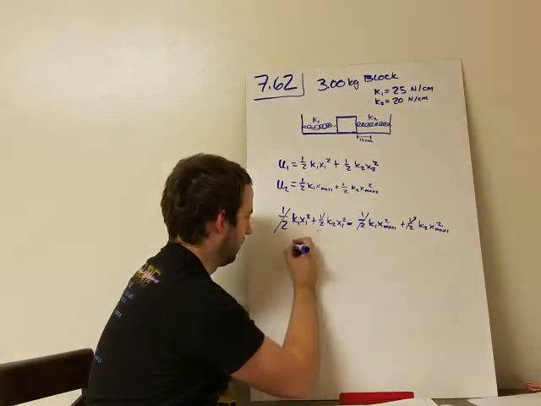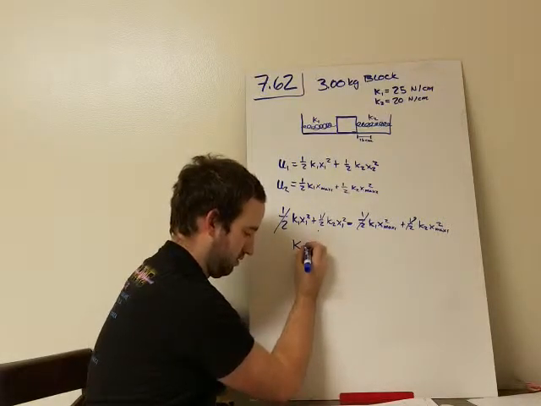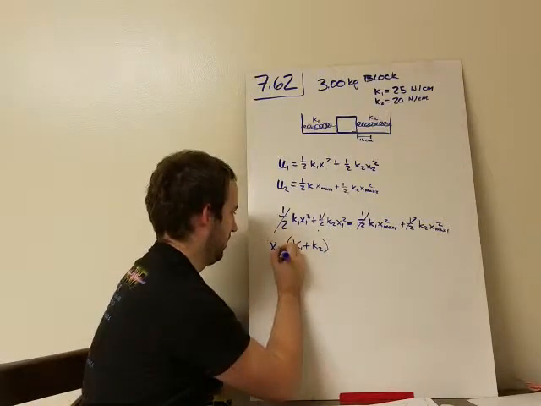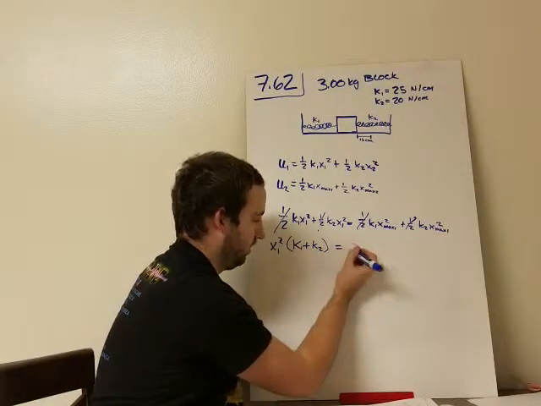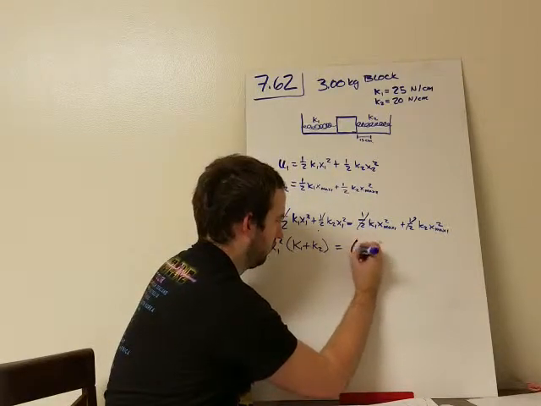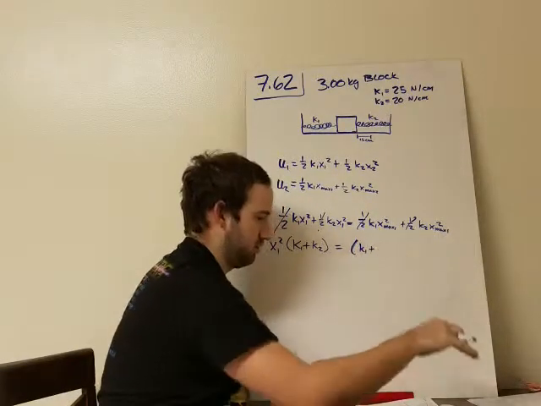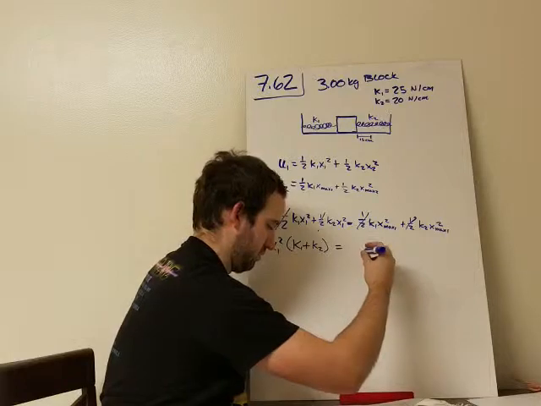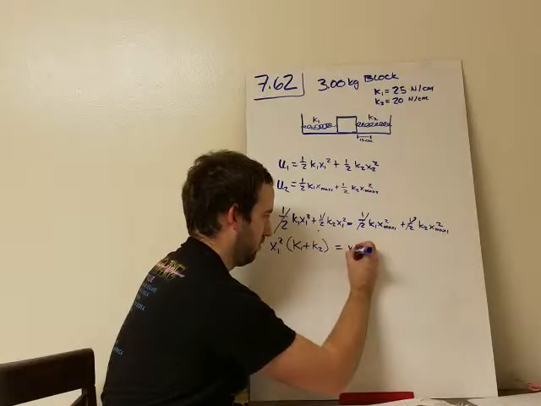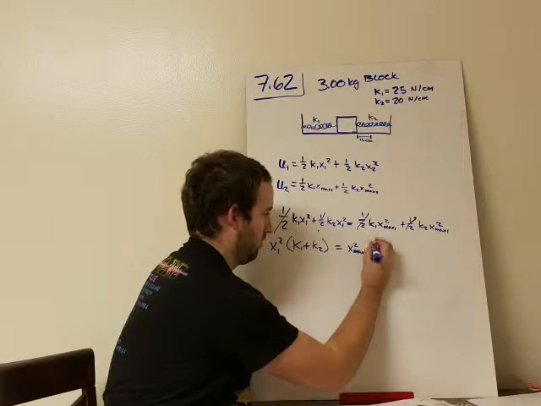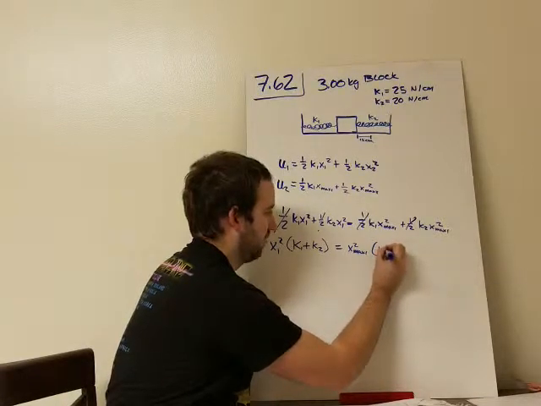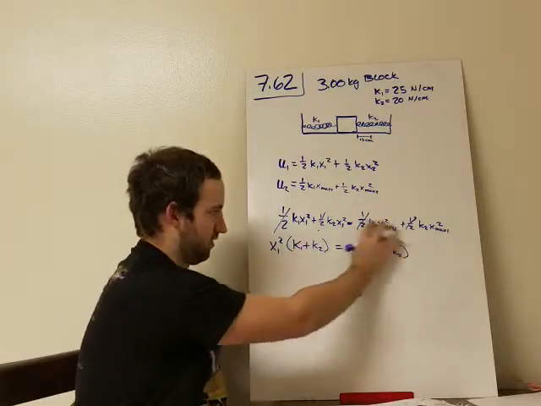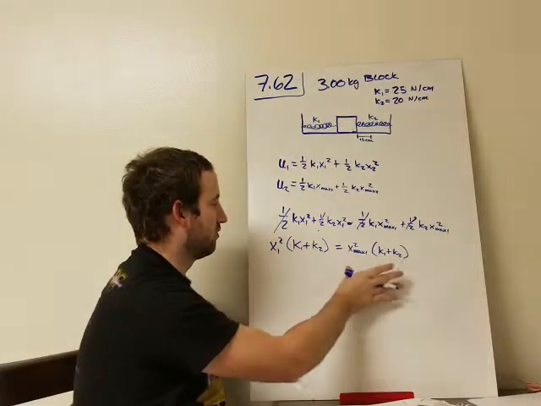So we end up getting (k1 plus k2) times x1 squared equals, we can do the same thing over here, we're going to pull out x max 1 squared times (k1 plus k2). So this looks a lot better than this up here. This is much more manageable.